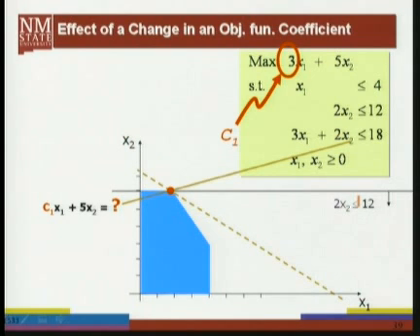Now let's see if the optimal solution remains the same as before or not. So by using the isovalue line, we may determine the optimal solution. And because we already have one isovalue line, which is this, what you need to do is to find all other isovalue lines, right?